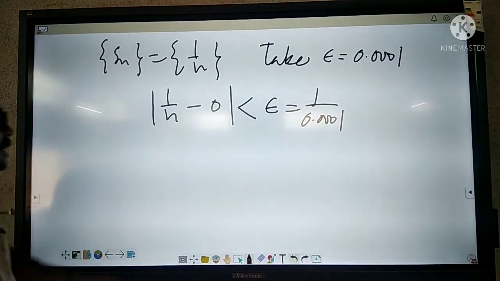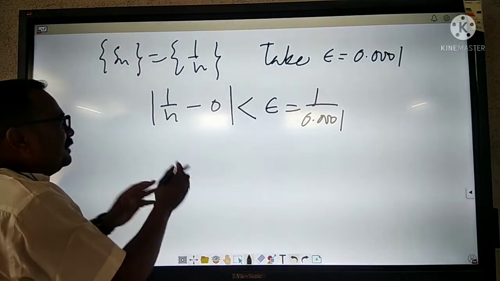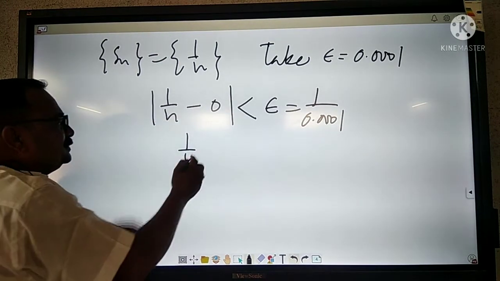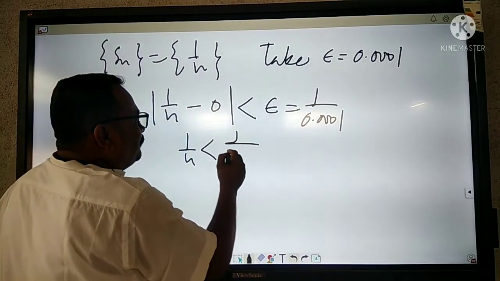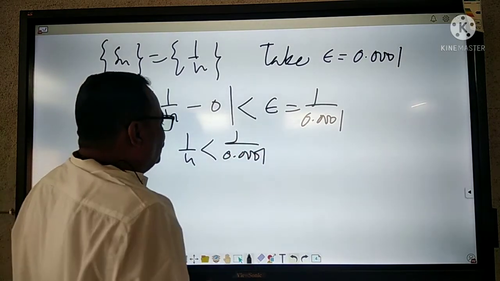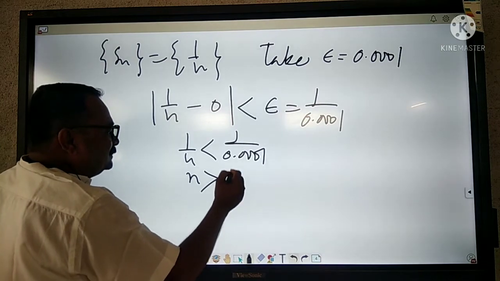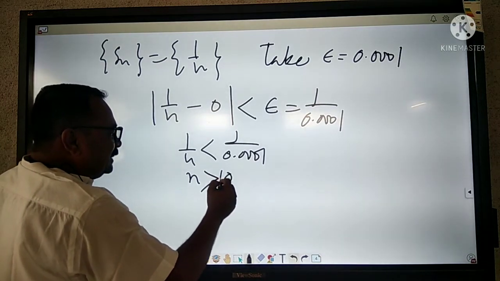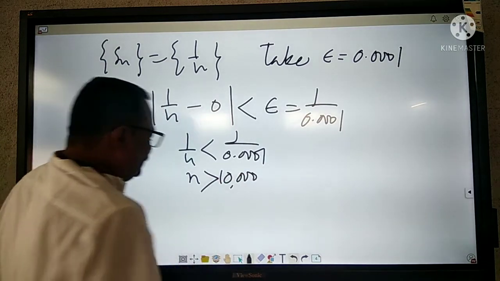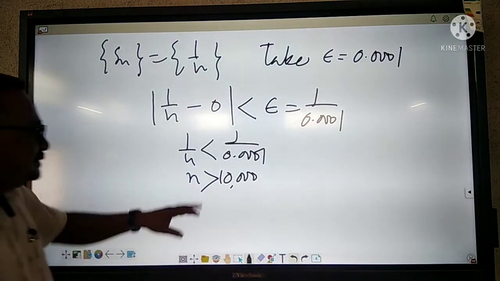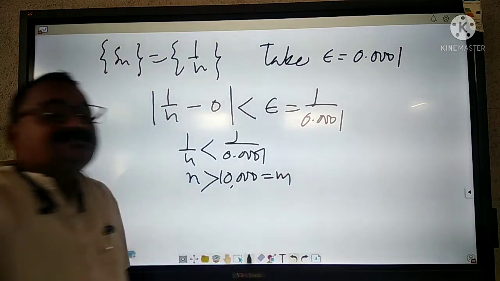Modulus of 1 upon n is 1 upon n because n is positive, and this is less than 0.0001. That means n must be greater than 10,000. Am I right? n is greater than 10,000, so this is our m.